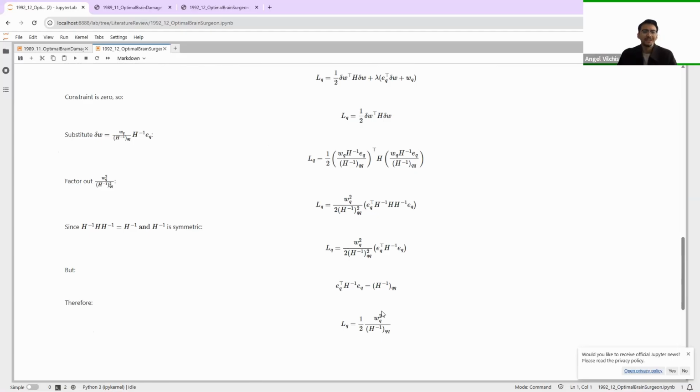So optimal brain damage is more feasible, but optimal brain surgeon is more mathematically accurate. And if we can approximate the inverse of the Hessian with later methods, then we can accurately remove weights. So that's optimal brain damage and optimal brain surgeon.